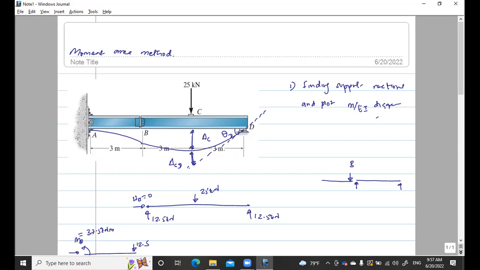For small angles, tan theta is equal to theta, and then we can find it out. So one option is, if you can find the slope at D, we can establish delta C. So how can we find the slope at D?